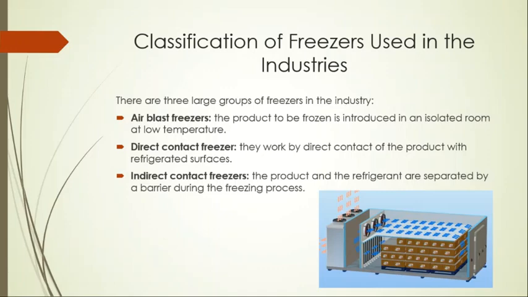So that's why they are quite efficient, but definitely they require a huge time duration as well for lowering the temperature up to that much extent. Then we have indirect contact freezer, which are normally used in our homes or in the shops as well, so I don't want to explain it in a very deep manner.